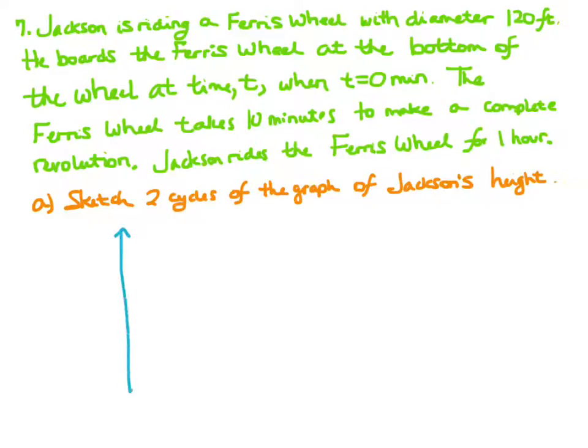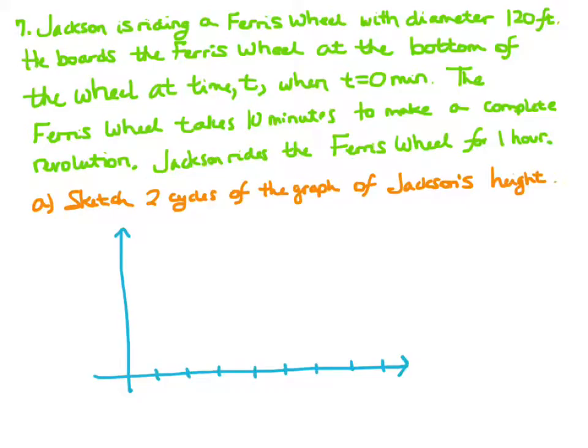So we're going to make a graph here, and first thing we need to do is figure out what we're going to count by down here to label the axis. So if it takes 10 minutes to go all the way around, and I want to sketch 2 cycles, that means that on the x-axis, I need this to go out to 20.